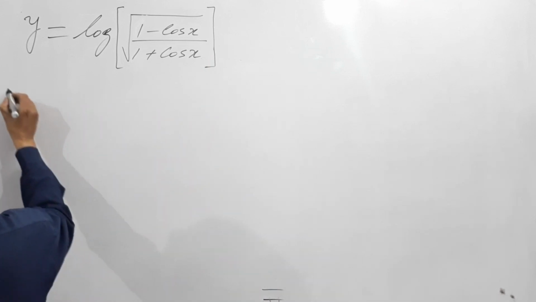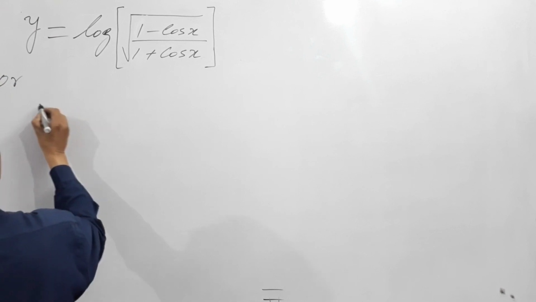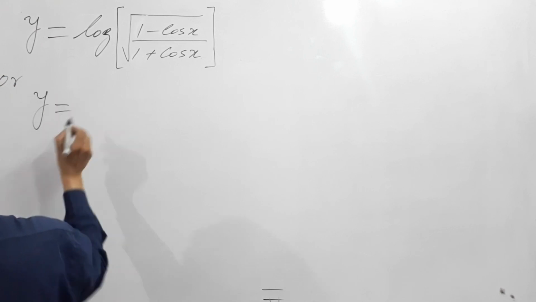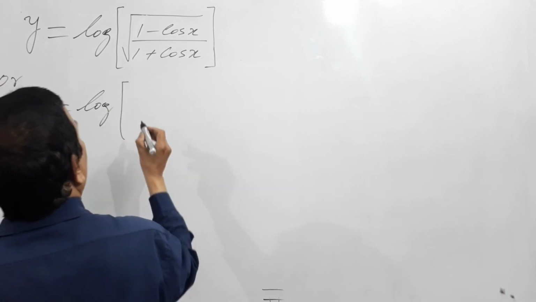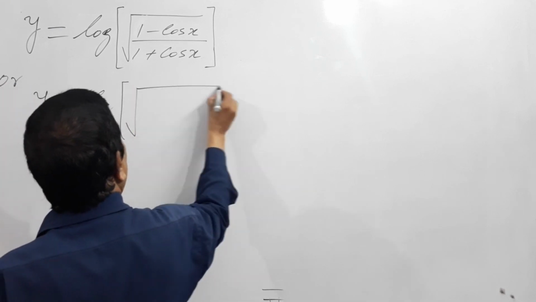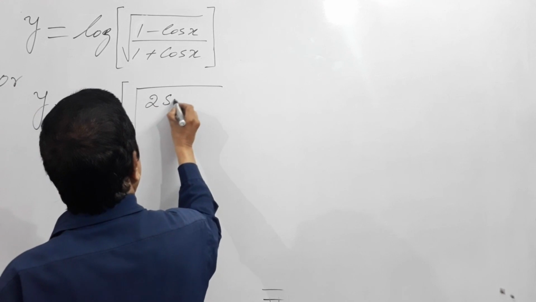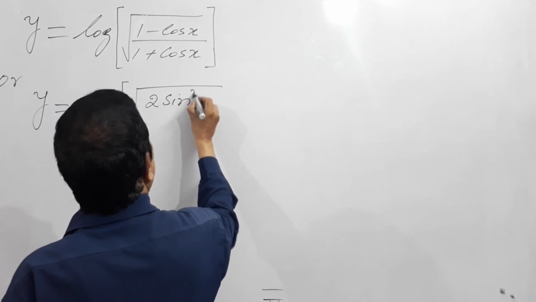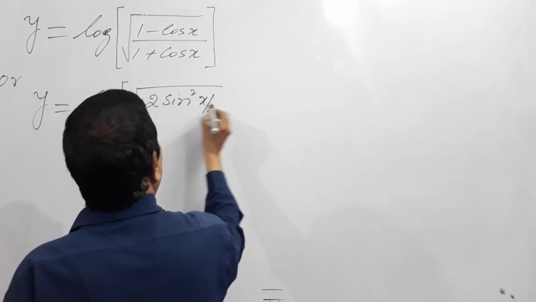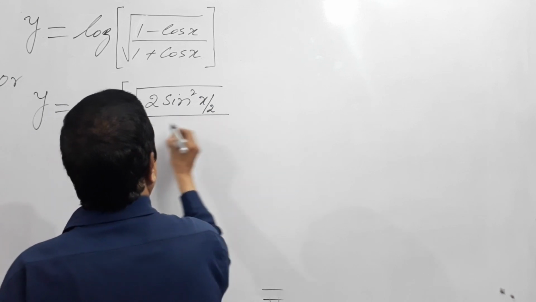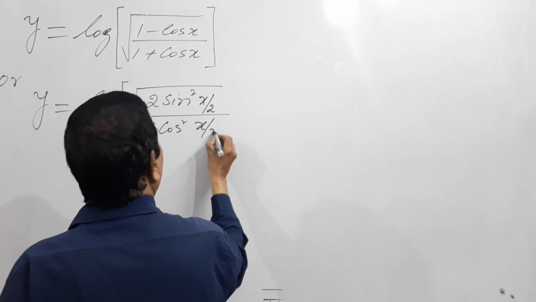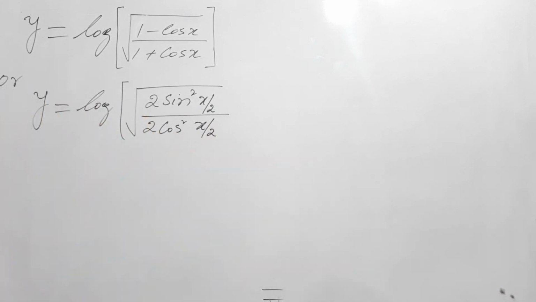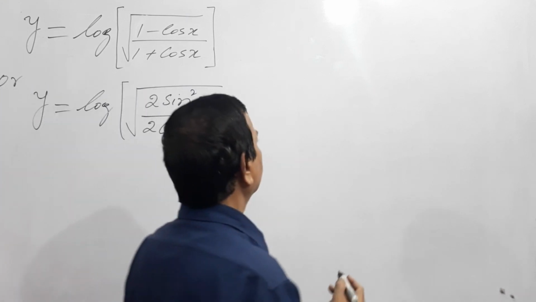So y equals to log of under the root 2 sin square x by 2 divided by 2 cos square x by 2. Because how you got this?